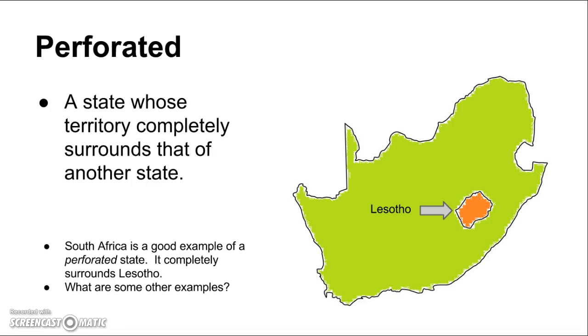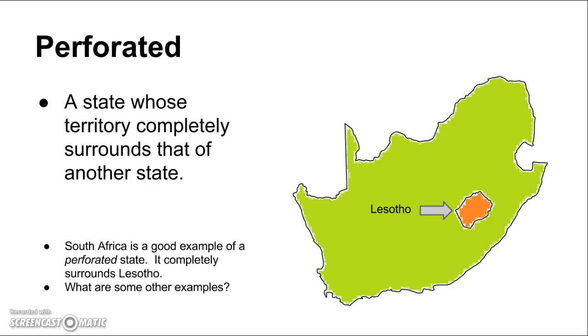Now, a perforated state can be rather interesting because of the interesting phenomenon of having a state completely surrounded by another state. So, this can affect political cohesiveness because there is just this one hole that is an entirely different political entity.